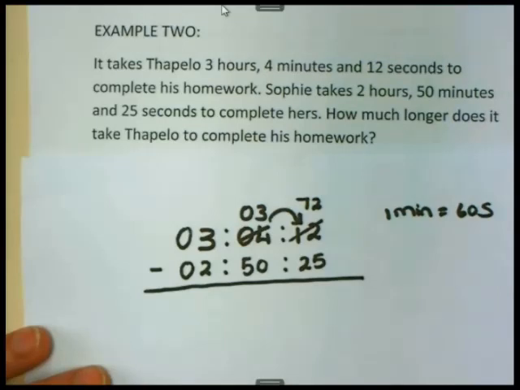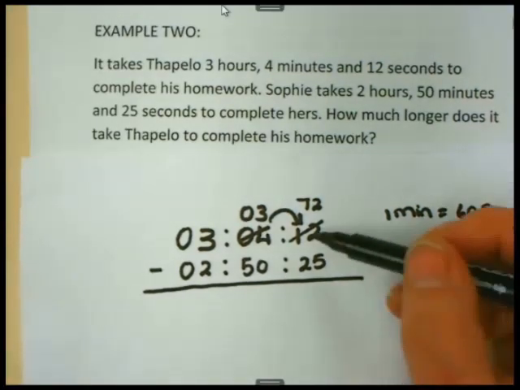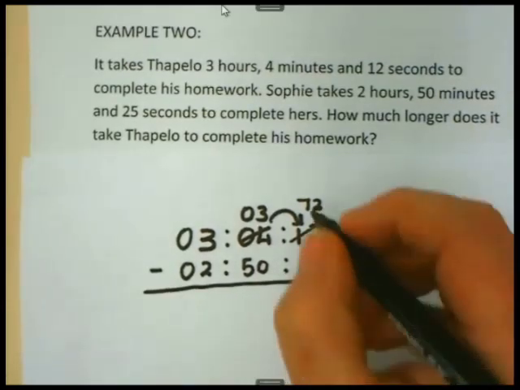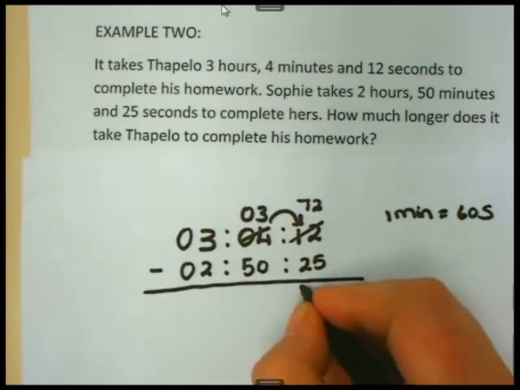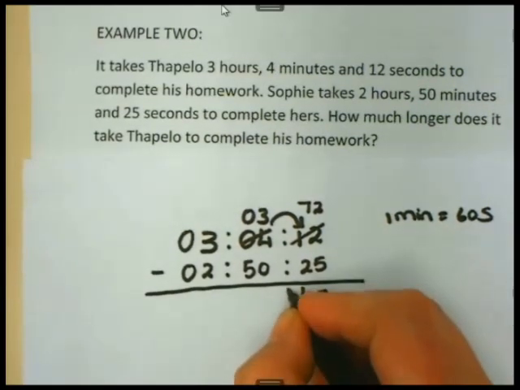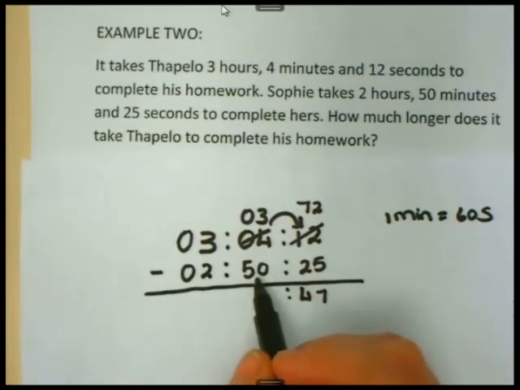You can work it on your calculator or you can do it manually, where I say 5 from 2 cannot, 5 from 12 is 7, and now 2 from 6 is 4. But use your calculator.